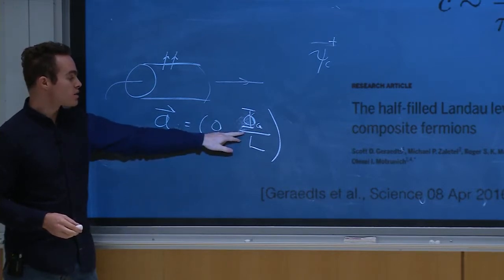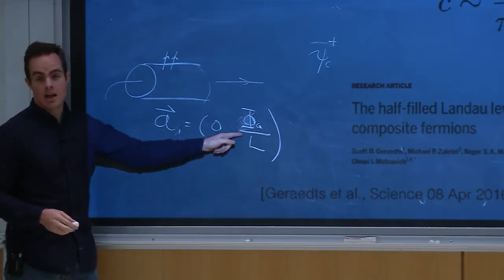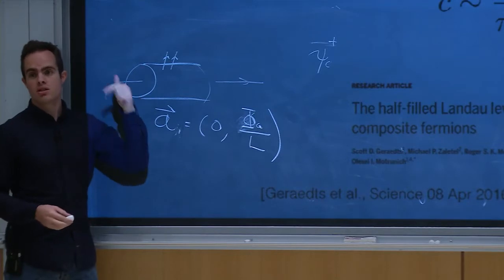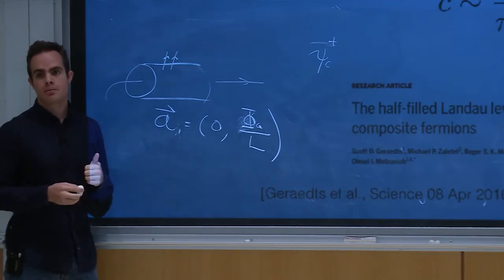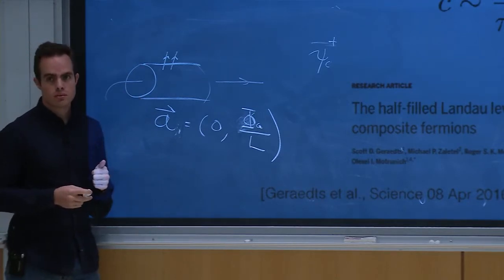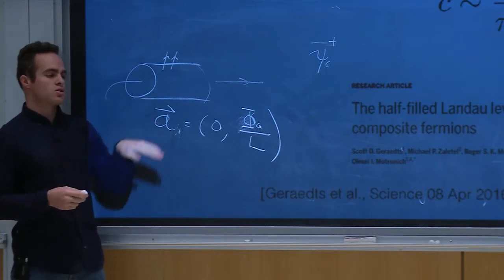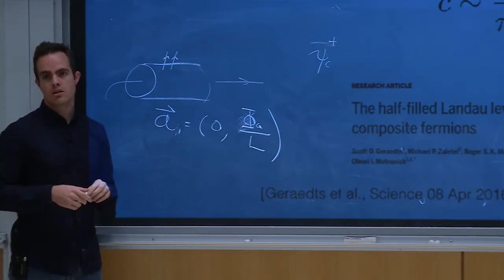But nevertheless, if you put on this constant A, it changes the boundary conditions that the fermions see. So you can think of it as like a constant twist in the phase of the hoppings.